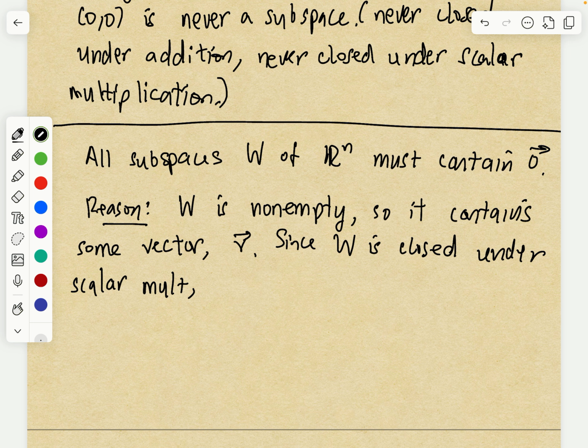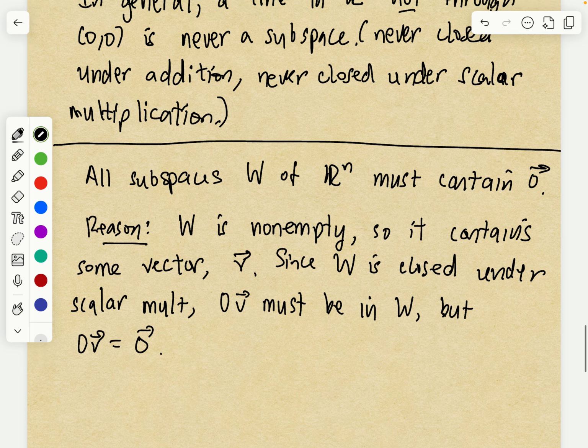Then 0 times V must be in W. But what's 0 times V? That's the 0 vector. So the 0 vector must be in W.